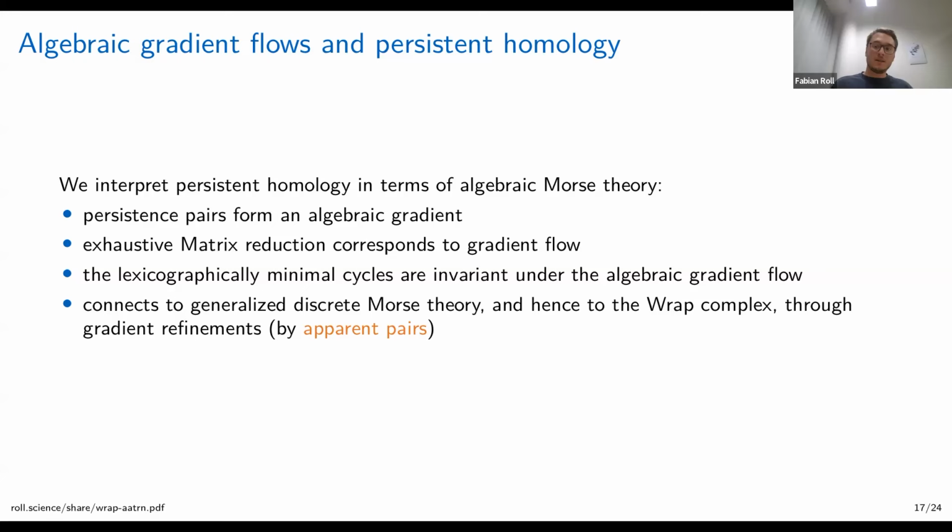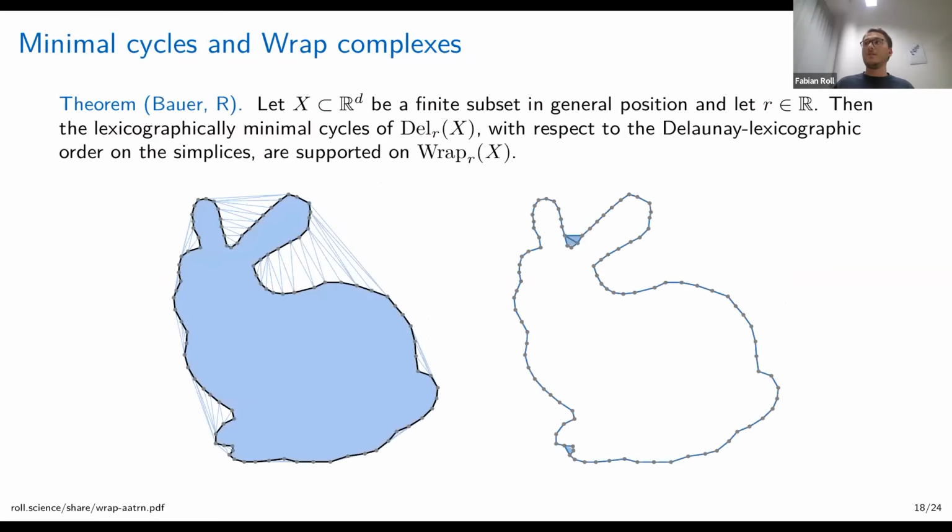But what made it hard for us is that we had to develop all of these insights simultaneously and get the details right in such a way that in the end, all of this fits together and assembles to a proof of our main theorem, which states that the lexicographically minimal cycles of an inner Delaunay complex are always supported on the corresponding wrap complex.